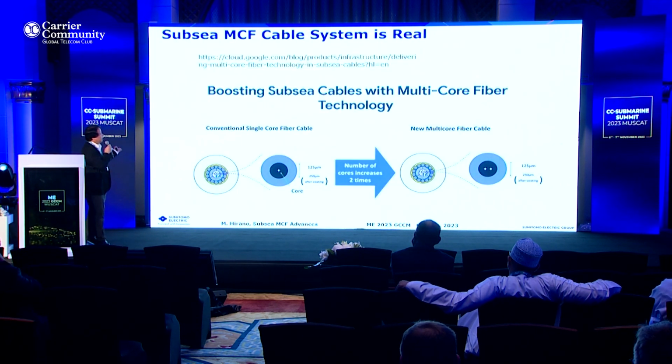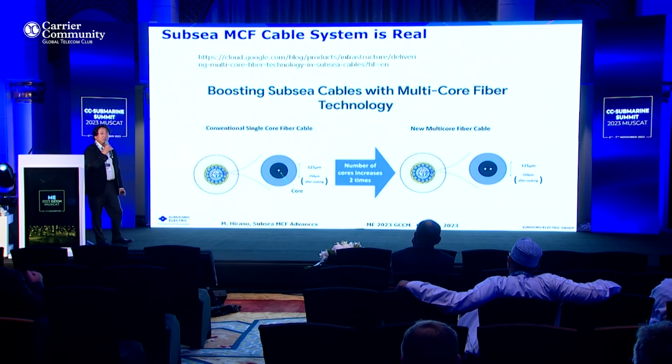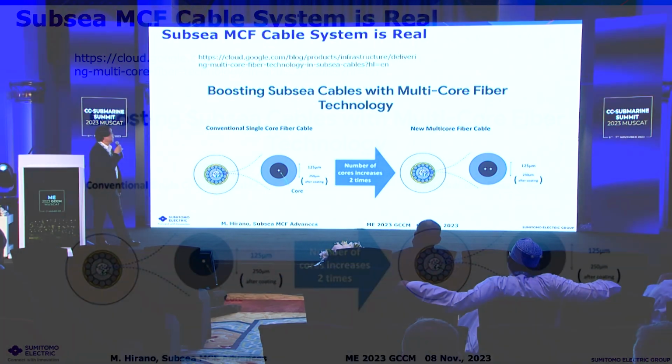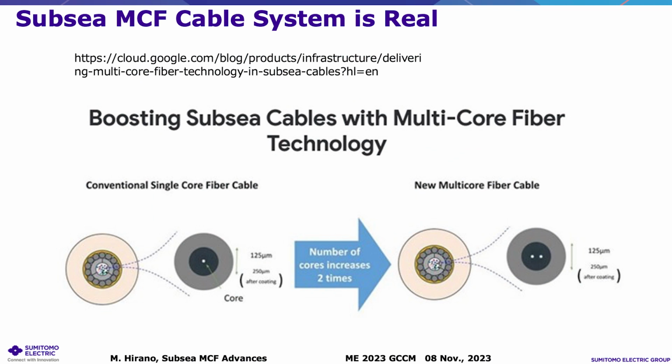And you may know this is Google's announcement very recently, boosting subsea cable with multi-core fiber technology. This is for the TPU project. Okay, so subsea multi-core fiber cable is real, not just for research.